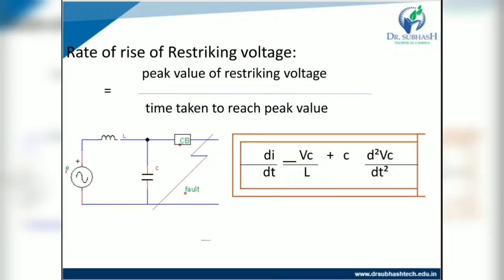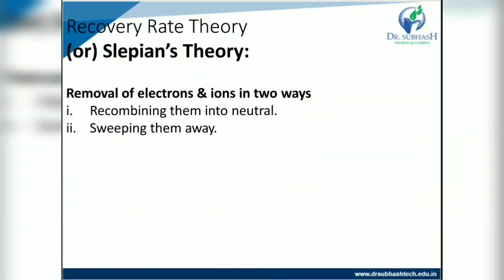The rate of rise of restriking voltage is the peak value of restriking voltage divided by the time taken to reach the peak value. So this is di/dt, minus Vc/L plus C di/dt equal to Vc/L plus C d²Vc/dt².